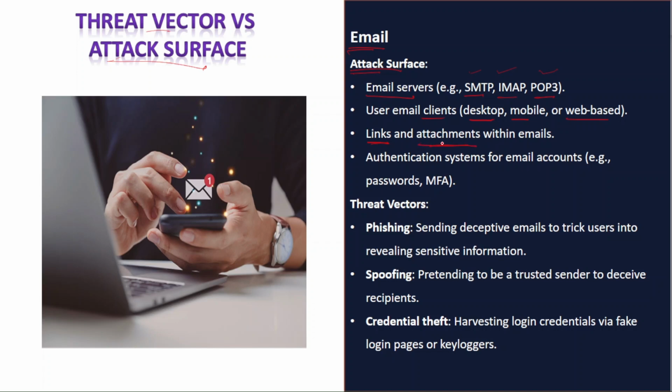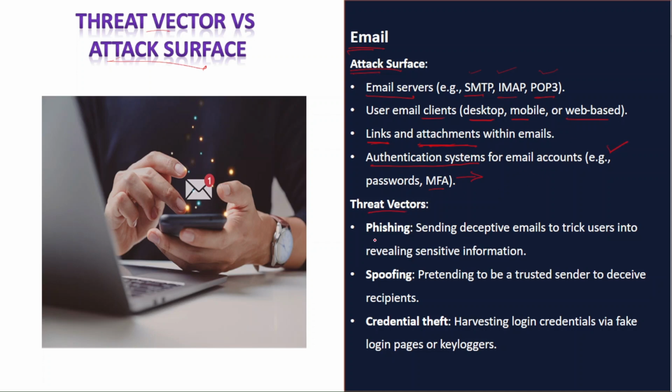So these are also the attack surface which could be exploited. When you log into your email system, you use a username and password, and you may be using multi-factor authentication such as your Google Authenticator app, or other authentication factors such as biometrics. So these are also attack surfaces which could be exploited.